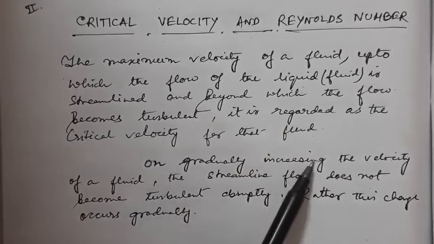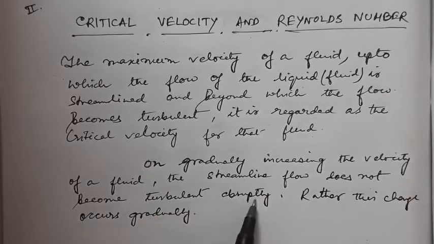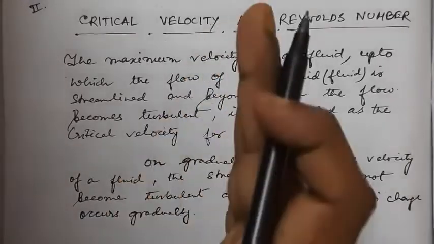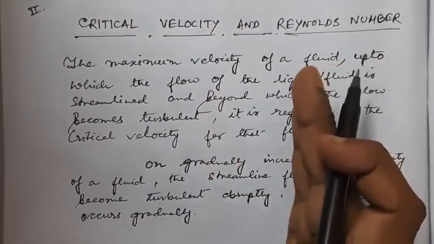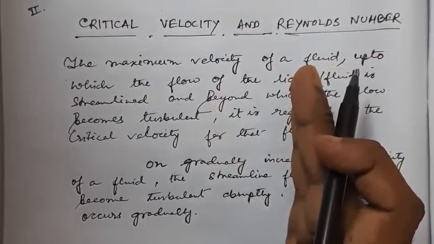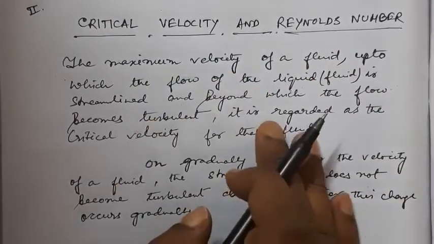On gradually increasing the velocity of a fluid, the streamlined flow does not become turbulent abruptly. That means there is a particular margin of critical velocity above which the motion turns into turbulence, but it does not happen abruptly.